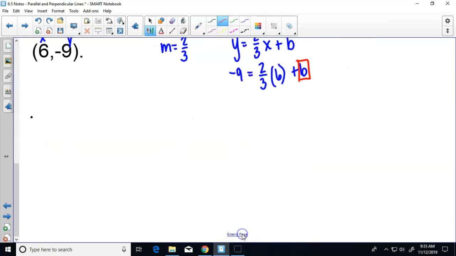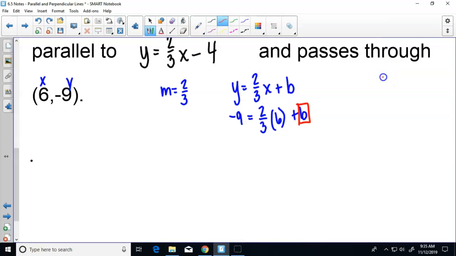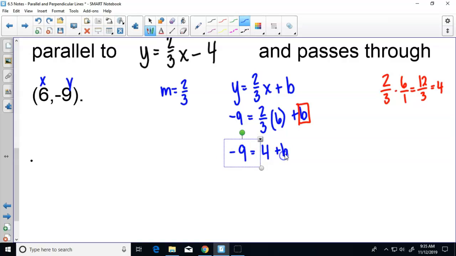What have we got to do? 2/3 times 6. I'll put a 1 under the 6. 2/3 times 6 over 1, 12 over 3, 4. Okay? So, -9 equals 4 plus b. All right, what do you do, Adam? Got to get that b right there by itself.